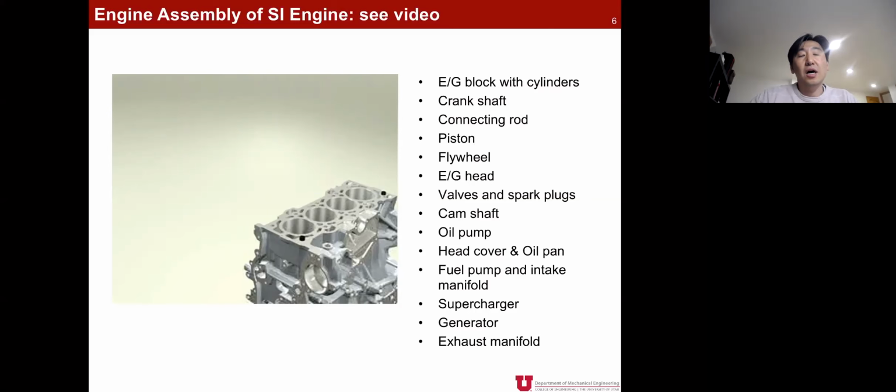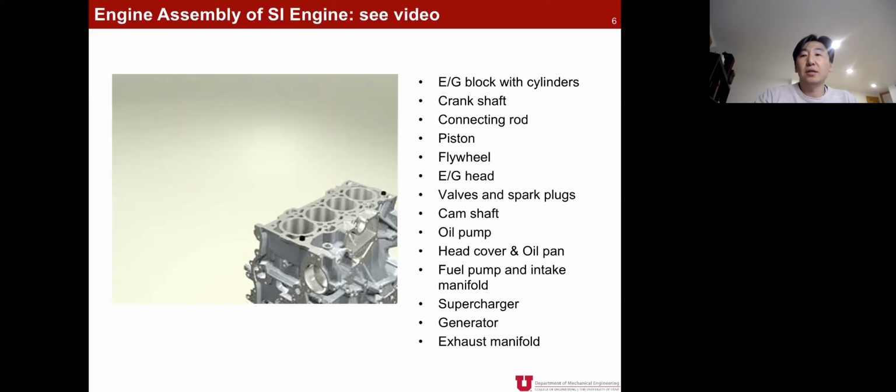So please pause this video and look at the video file that I have uploaded to Canvas. It shows the engine assembly of an SI engine, where you can see a lot of components that are in the gasoline engine.